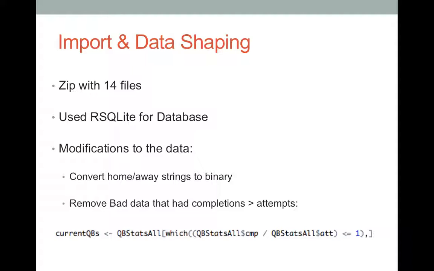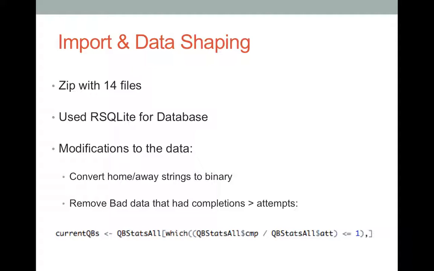Another issue was that the location column was in string form, specifying whether the game was home or away. So I just converted that to binary values, where 1 equaled home and 0 equaled away, to see if we could use that as a factor, as you can see from that line of code.